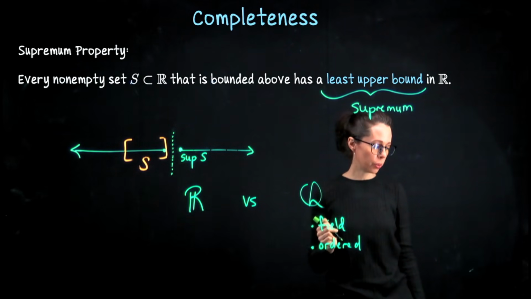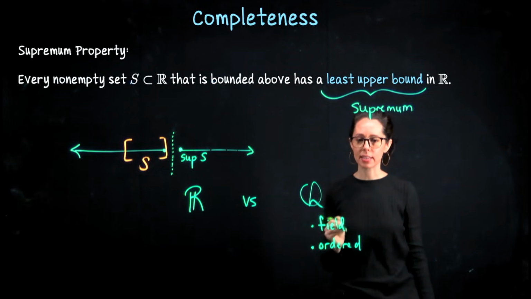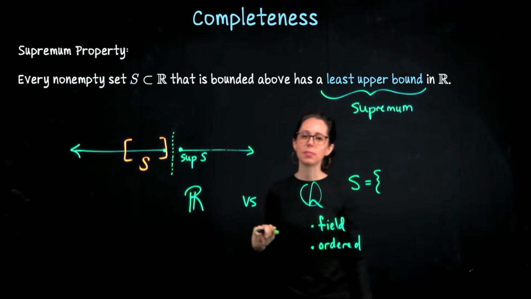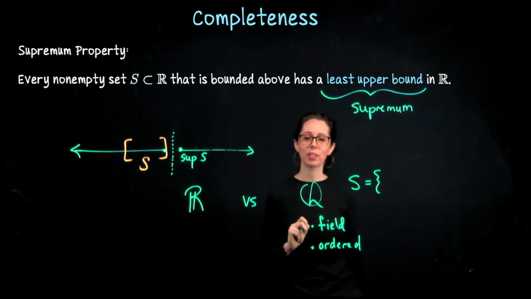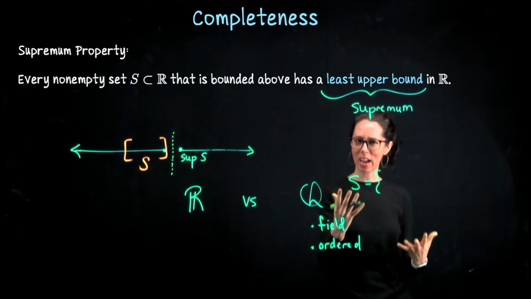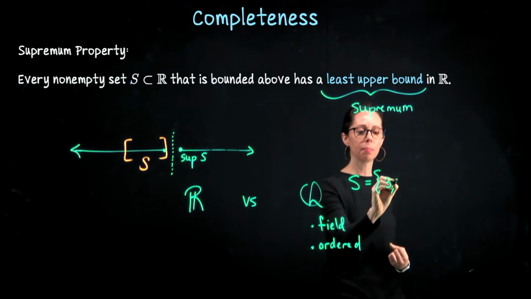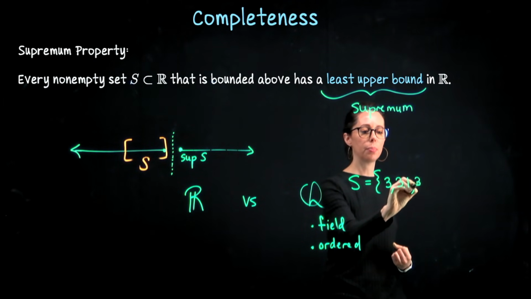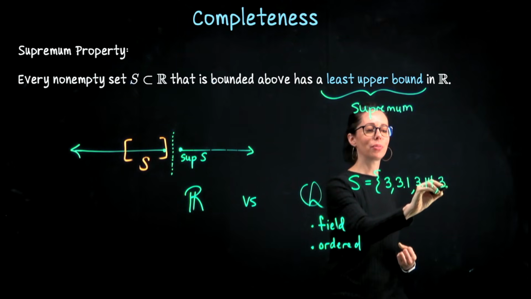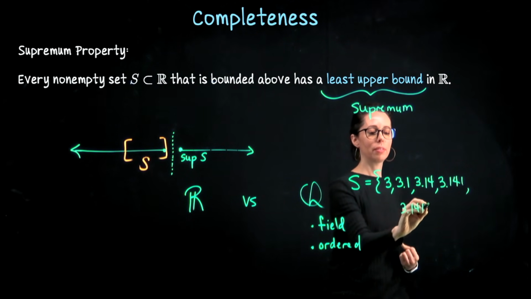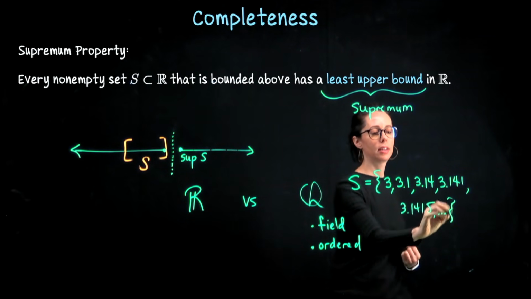What you can do is look at, say, a set S, which consists of decimal expansions of an irrational number. Taking as fact that, say, pi is irrational, let my set S be 3, 3.1, 3.14, 3.141, 3.1415, and so on.